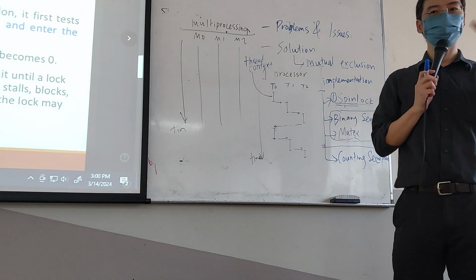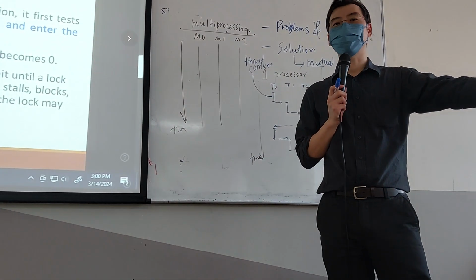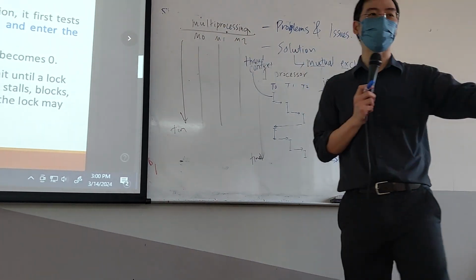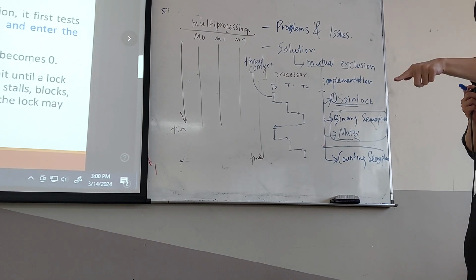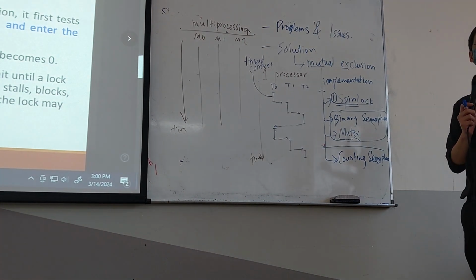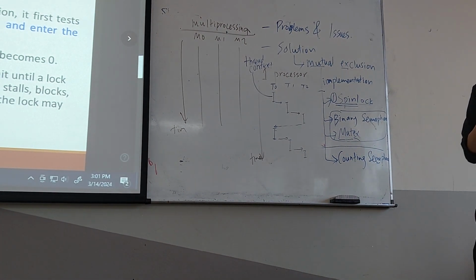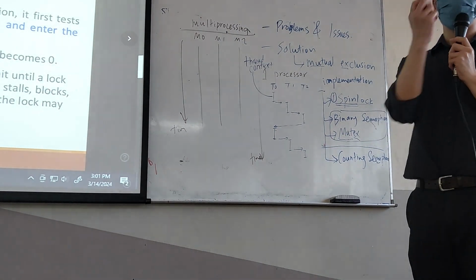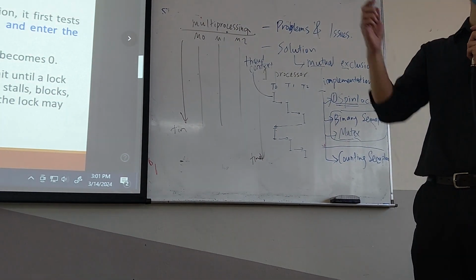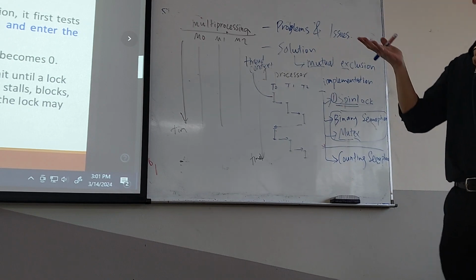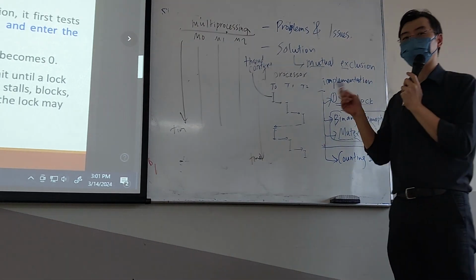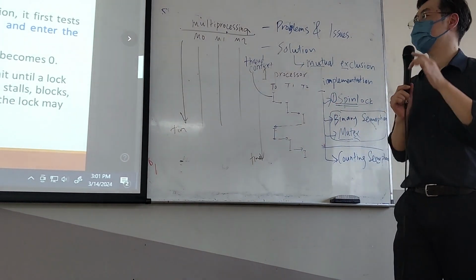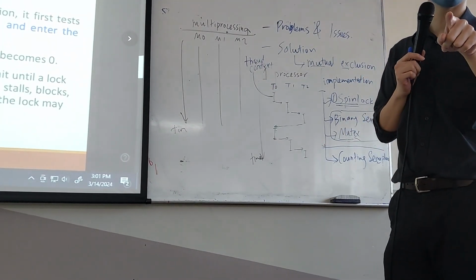So one thread enters, you lock. Just like locking the door, and then do the process. When it's done, unlock the door, then the next thread will come, will lock the door, and then do the job. And then when you come out, you unlock the door. Okay, so you have only one key, and once the person has the key, you lock, nobody else can enter. Just imagine that. Right? Okay, so what's the problem here? The problem is you have to wait for that lock.